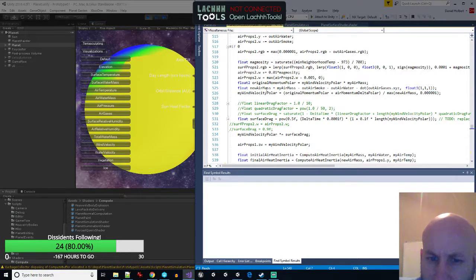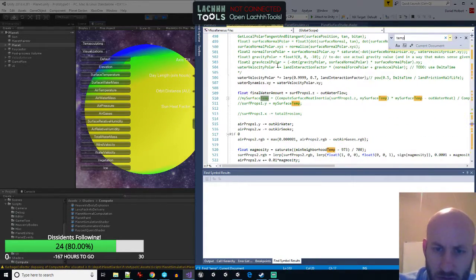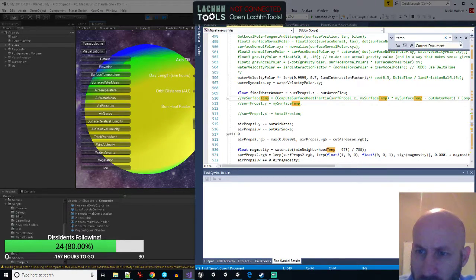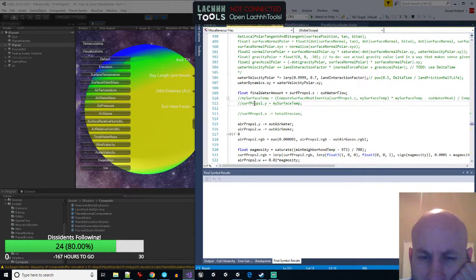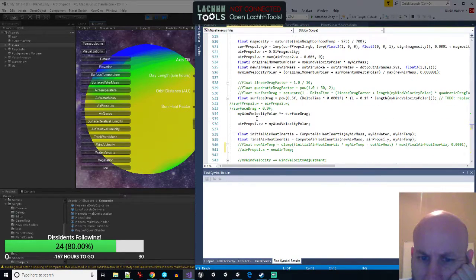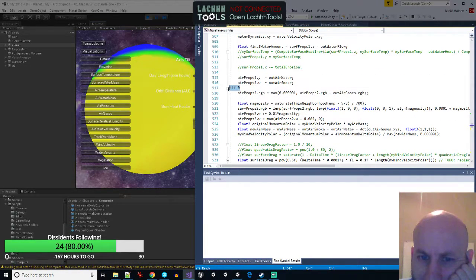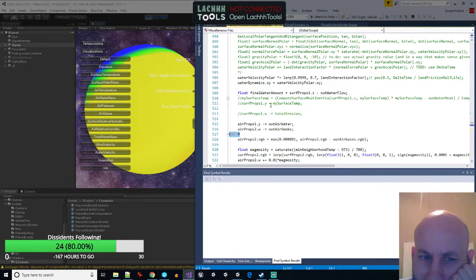Where is the surface temperature? Oh, it looks like I already disabled the surface temperature stuff too for testing purposes. Even the stuff that I uncommented was actually in this block here where I had disabled everything. So that's weird.